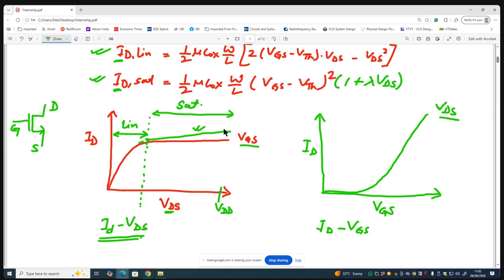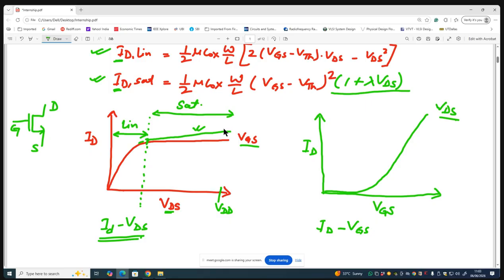So a correction factor must be added into the saturation current equation to account for this increase in drain current with VDS. That correction factor is this 1 plus lambda VDS. This is the correction factor to capture this non-ideality in the saturation region.